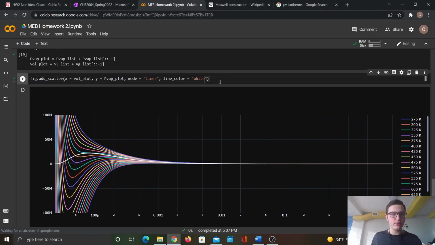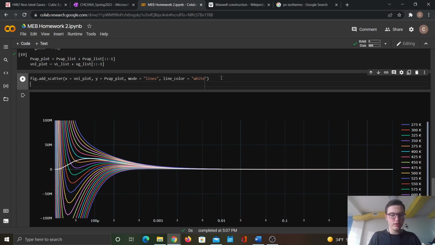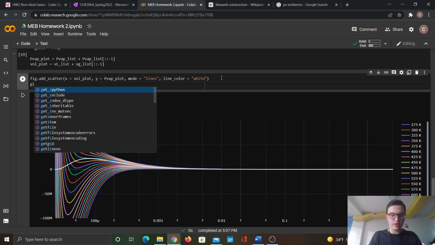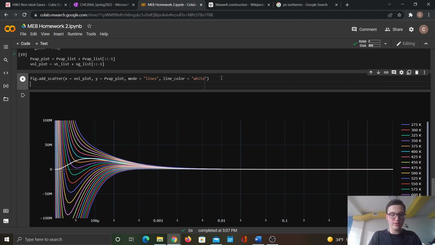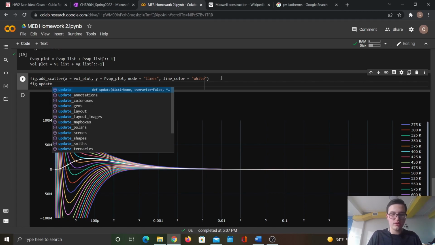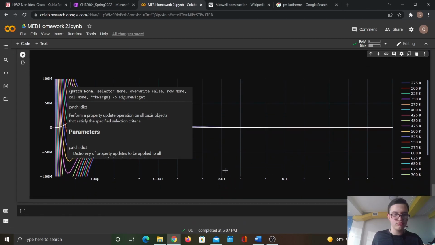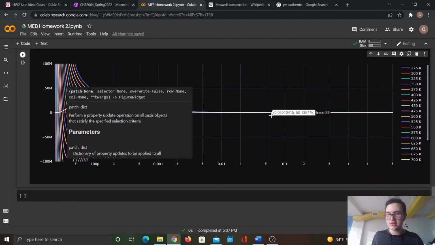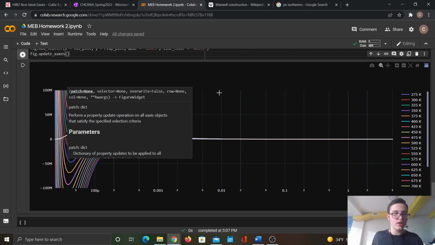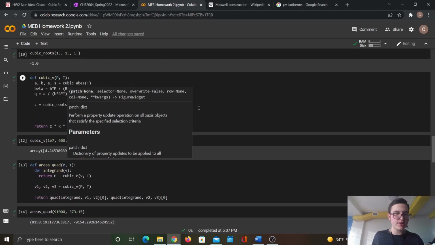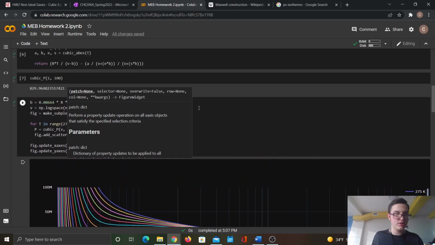And I want to update the axes a little bit. Fig dot update x-axes. Let's not go to 5, let's go to, or this is 0.01, let's go to 0.01. So what is our x-axis here?